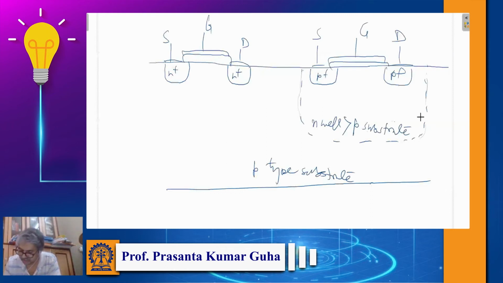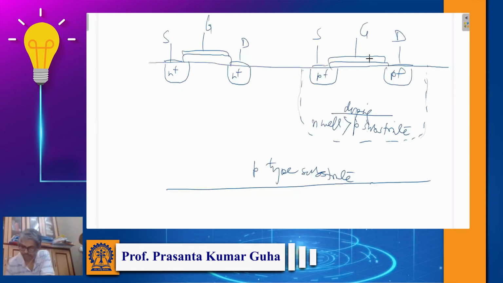So you see here the magnitude of the threshold voltage will be different, because this n-channel MOSFET is directly on the p-type substrate, whereas this p-channel MOSFET is in the same substrate but within the N-well, because we need an n-type region to realize a p-type MOS. This N-well region will have a little bit higher doping concentration than the p-type substrate, so its threshold voltage will be a little bit higher in magnitude, but there are ways to control threshold voltage.